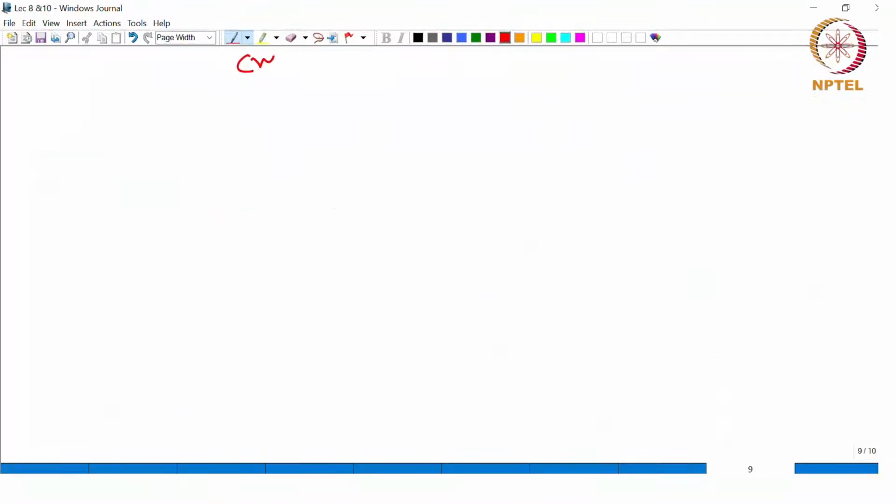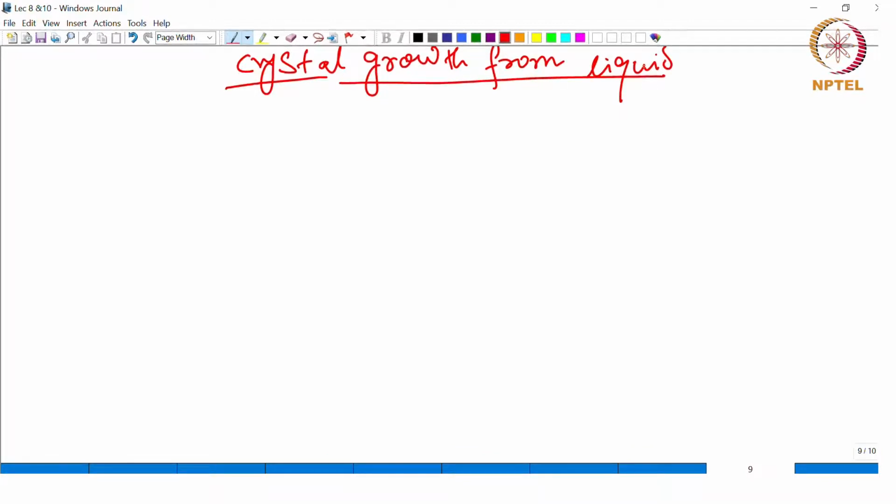Okay. So, if you look at this crystal growth from liquid, it is basically the growth of that nucleus which forms and then attains the critical size, right.